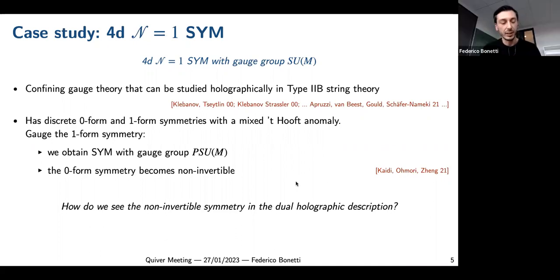There is a caveat that I think is related to this question, and it's also important to keep in mind. As we will see, the stringy setup I have in mind is actually describing a duality cascade. Its gauge theory counterpart is not simply pure super Yang-Mills.